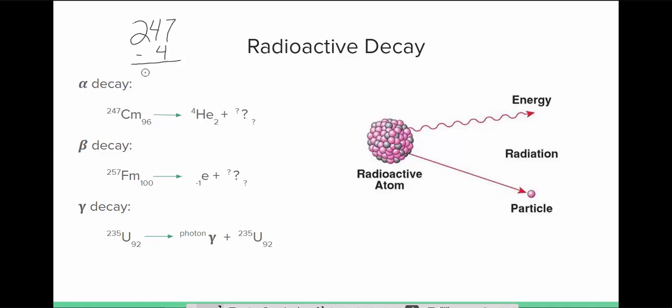What was it? 243. So our mystery element here has 243 things in the nucleus. Now it's 96 minus 2, 94. So our element will have 94 protons. Looking at our periodic table, what element has 94 protons? Pu. That would be plutonium. Plutonium 243. So that would be your answer. Does that make sense?